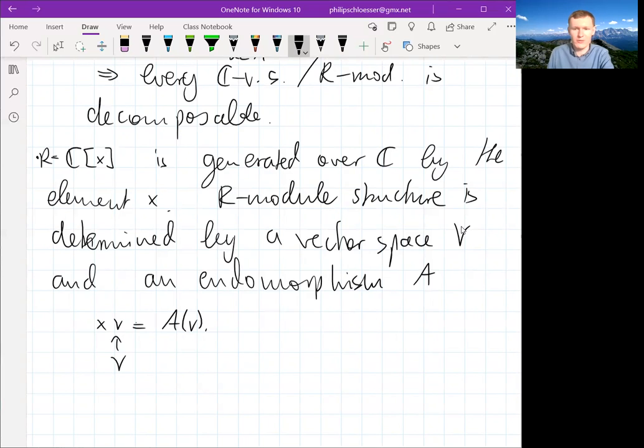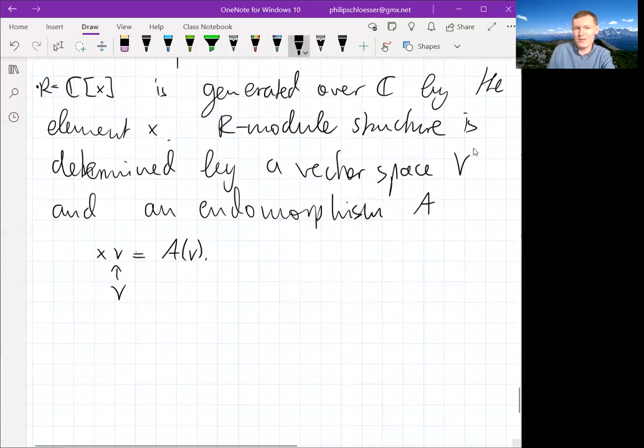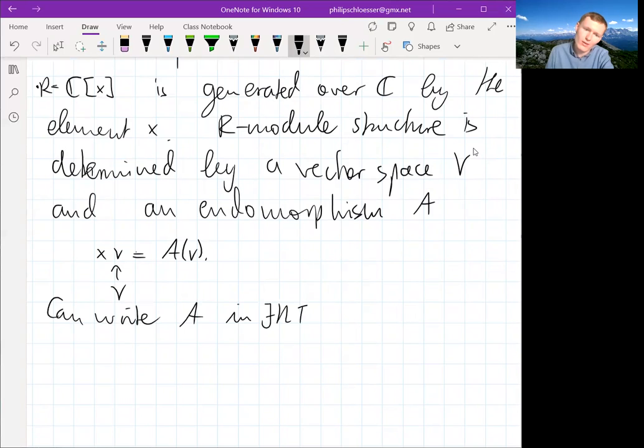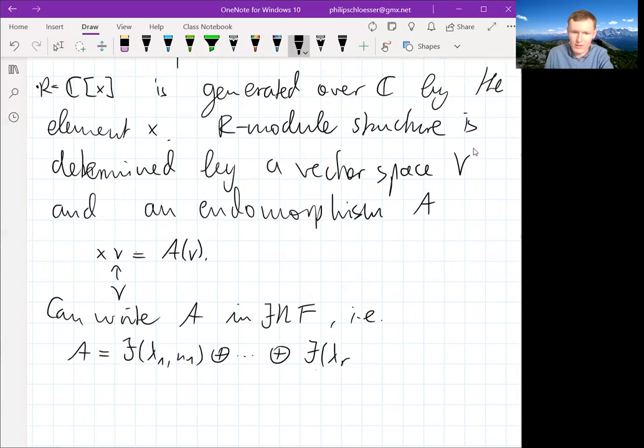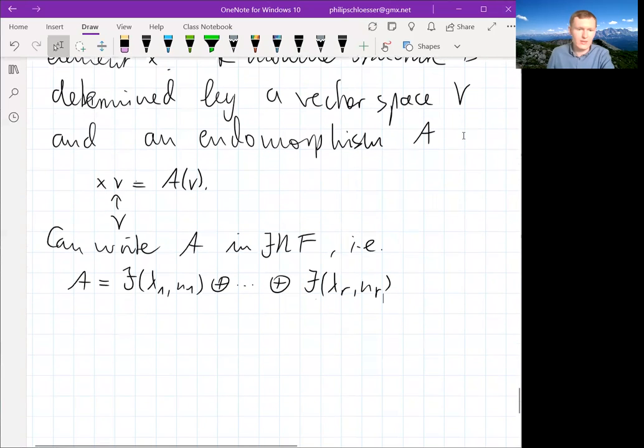Now it is a well-known result of linear algebra that in a suitable basis we can write our A in Jordan normal form, which means we can write it as a direct sum of Jordan blocks J_{lambda_1, n_1} up to J_{lambda_r, n_r}.